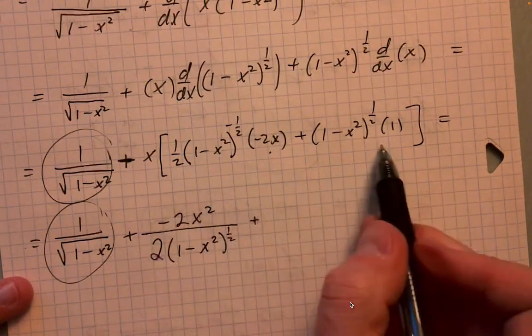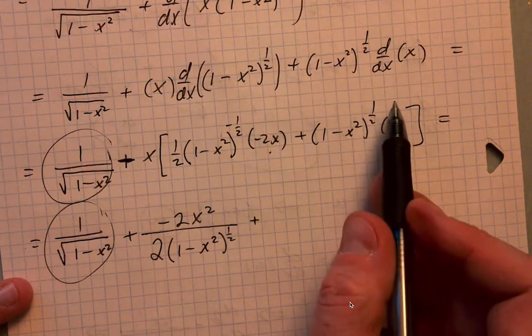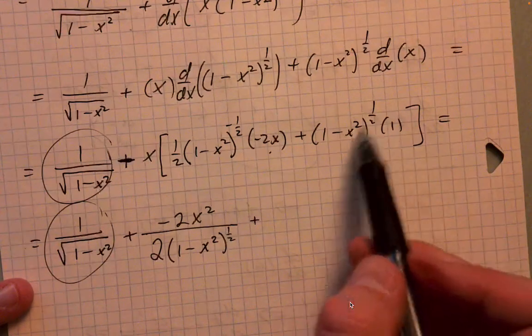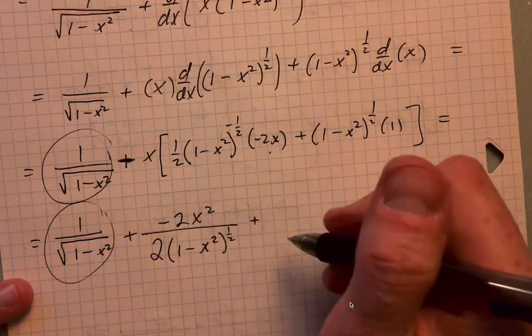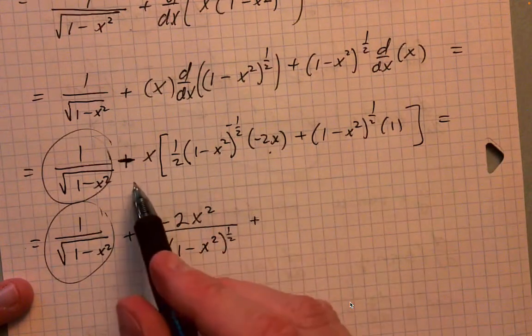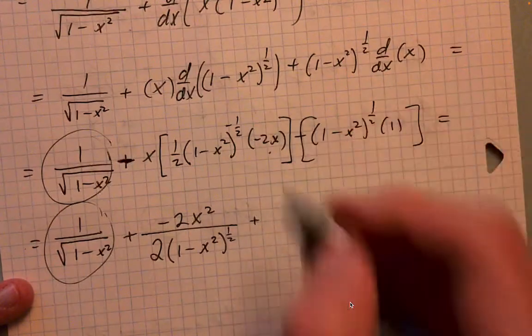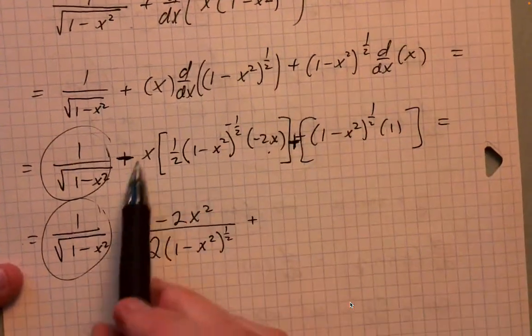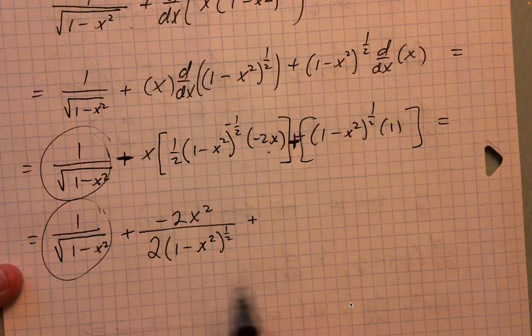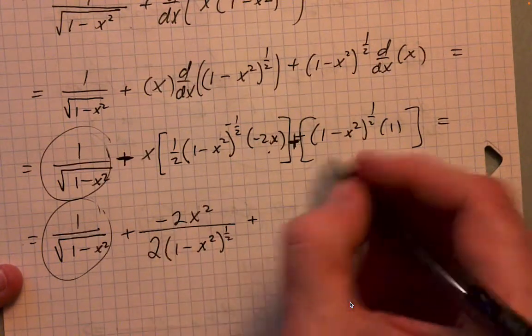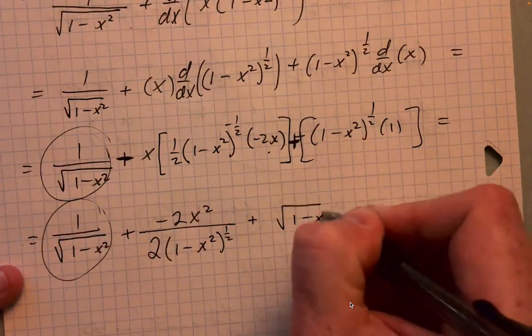And then over here you've got x over, let's see, oh yeah, sorry, that goes there. There we go. I knew I was missing something. Okay, so the x just applies to this term. Sorry about that. And then this would just be the square root of 1 minus x squared.